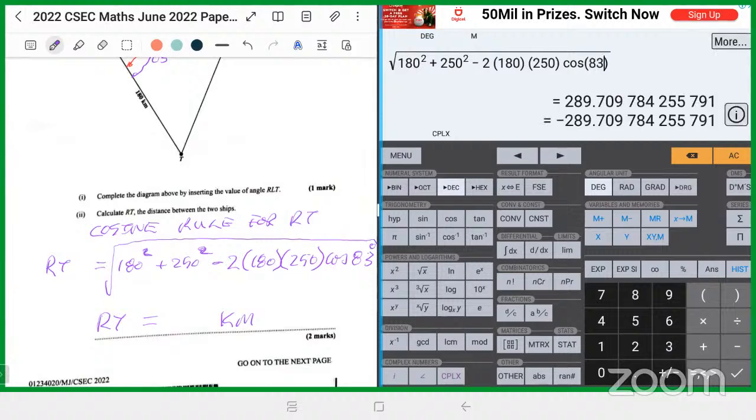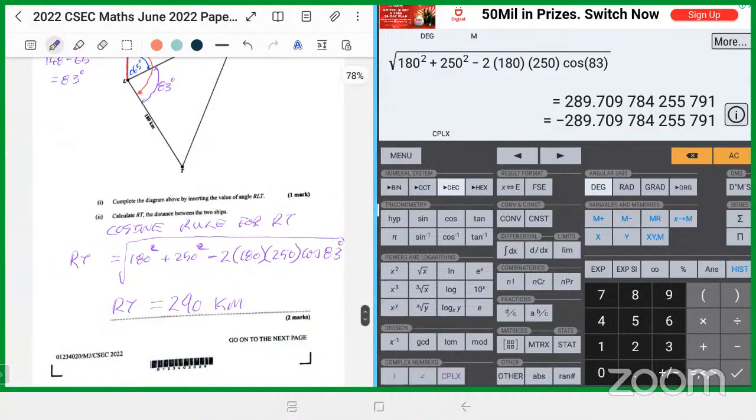That gives me 289.9. I'm going to give it 3 digits and just write 290. So I'm going to write 290 kilometers. That's what it corrects to.